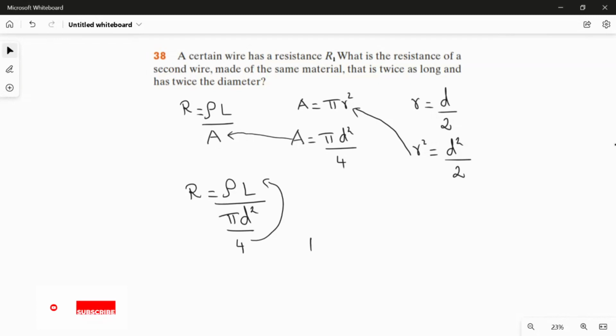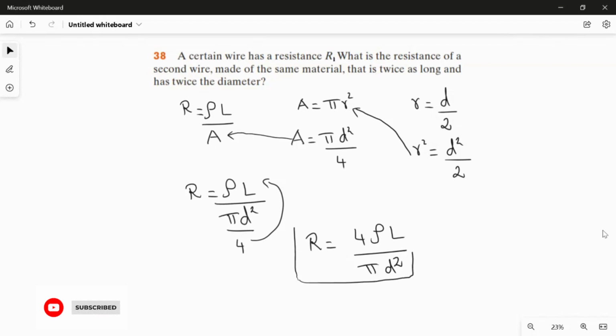So the resistance is equal to 4 multiplied by the resistivity multiplied by length over pi d squared. Clear? Now I am going to use this equation for the second wire resistance.